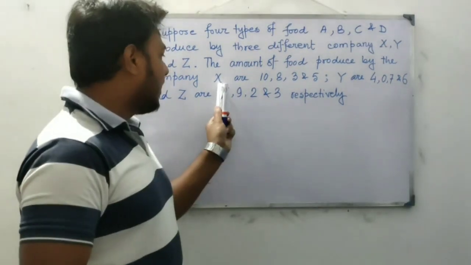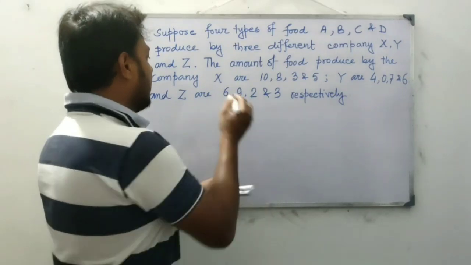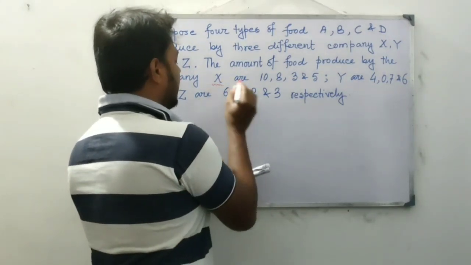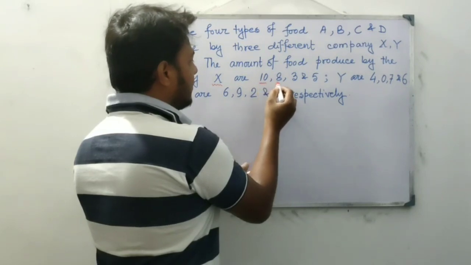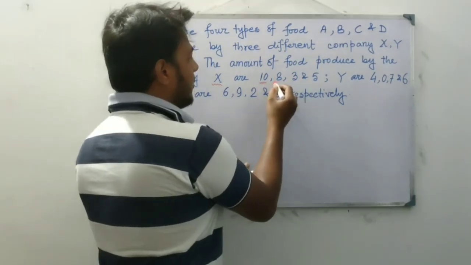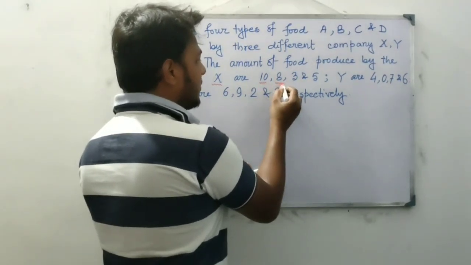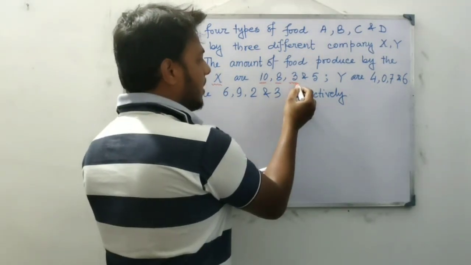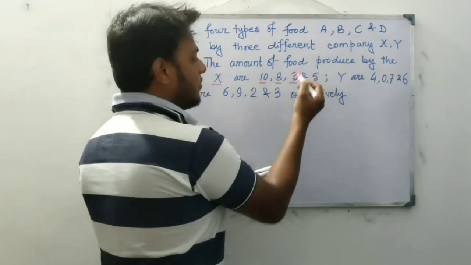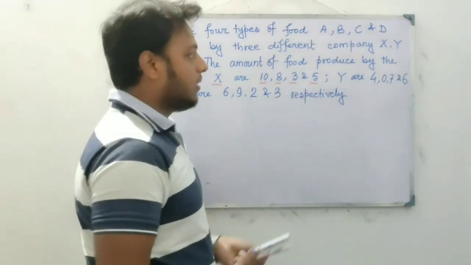That means company X produced 10 of food type A, 8 of type B, 3 of type C and 5 of type D.